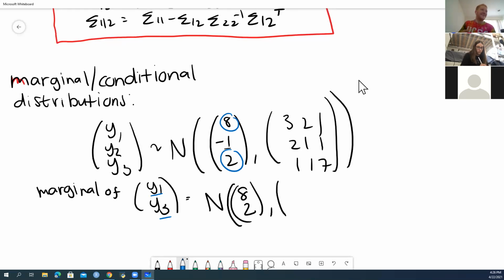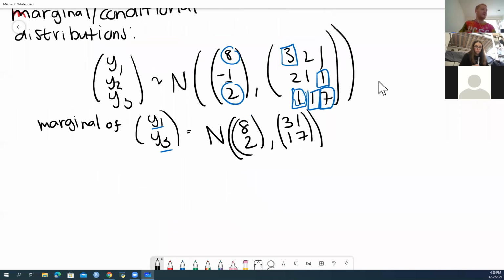So it's going to be like this, the 1, and then the covariances, this one, and then this 7 for the variance of y3. And then you're done. So that's what a marginal is. I know some people, I remember last year having trouble with that one.